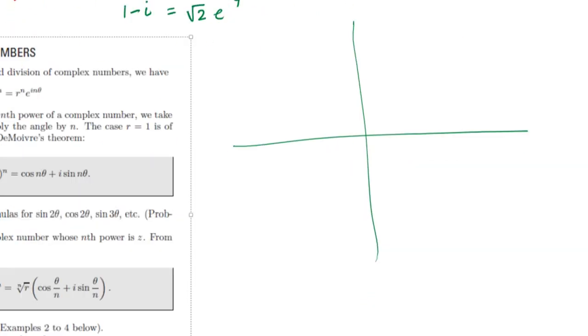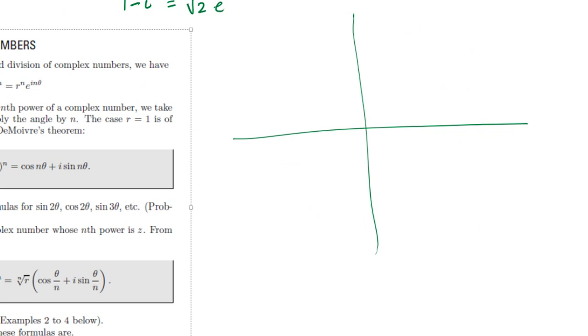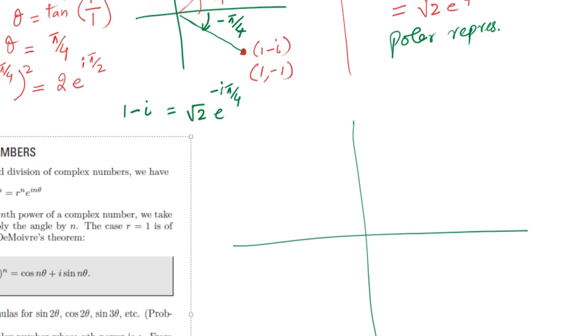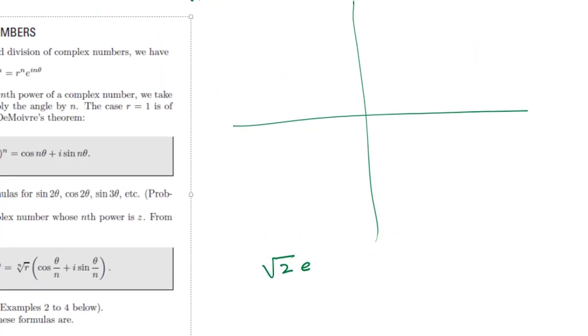We write square root of 2 e to the power iota 3 pi over 4 in the form of sines and cosines.